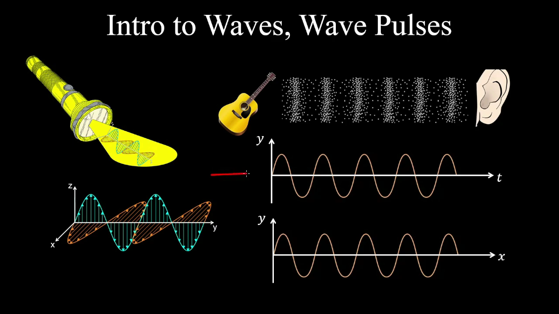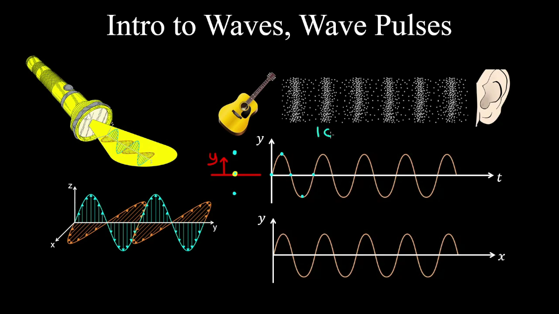So if we look at a particle in the string at some position, and if we plot its displacement from the equilibrium position versus time, we see the particle starts at equilibrium, then moves upwards by a certain amount, goes back through equilibrium, and then moves downwards by the same amount, and goes back towards equilibrium.